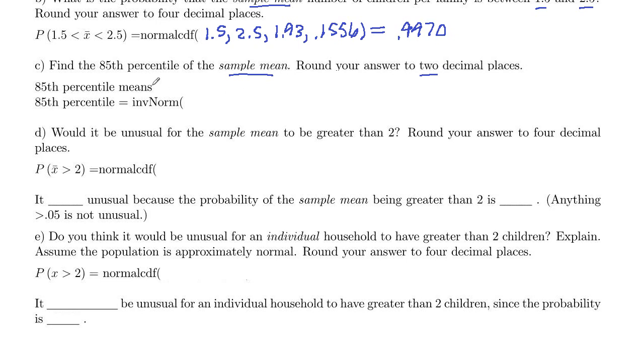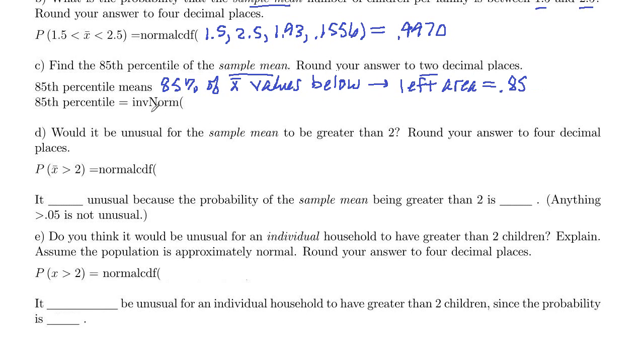So remember, 85th percentile means that we've got 85% of the data, which in this case is x bar values, below. So in other words, that's telling you that the left area equals 0.85.